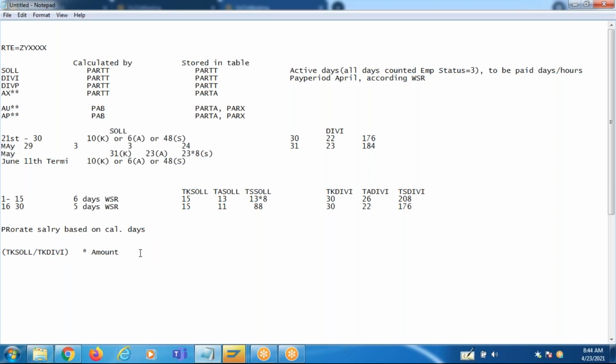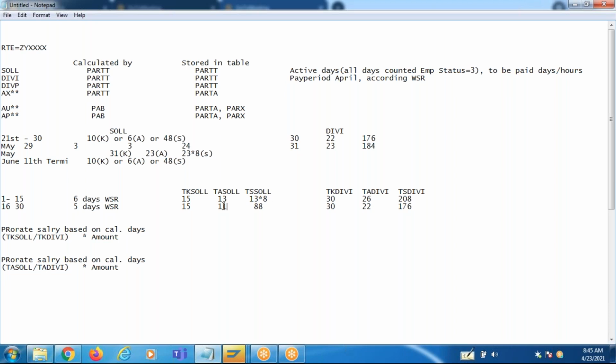Prorate the salary based on working days. How do you write it? 13 in first split, 13 divided by 26.